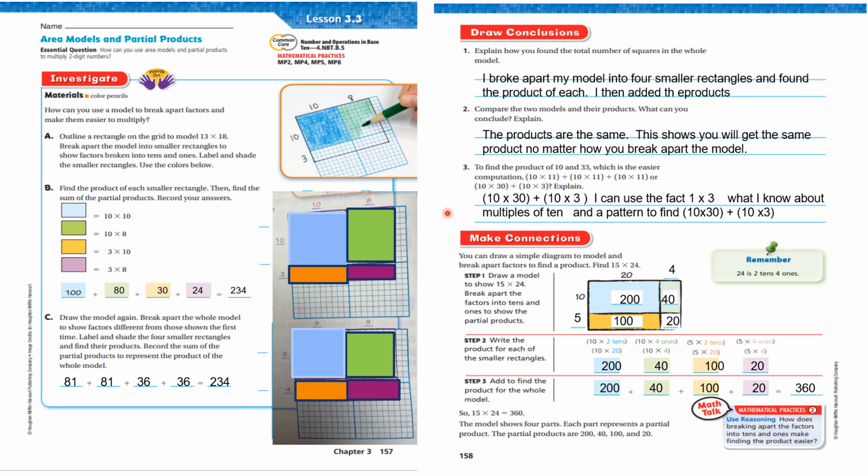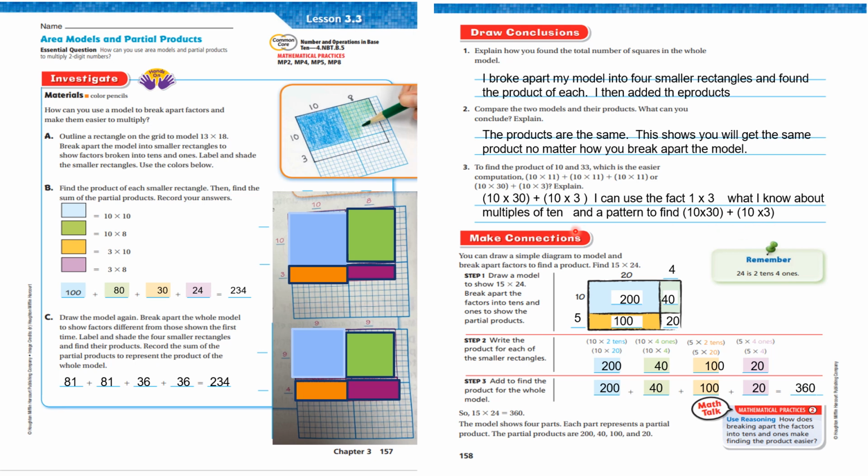All right, 3. It says to find the product of 10 and 33. Which is the easier computation? 10 times 11 plus 10 times 11 plus 10 times 11, or 10 times 30 plus 10 times 3? Explain. Well, 10 times 30 plus 10 times 3, I can use the fact 1 times 3 and what I know about multiples of 10 and a pattern to find 10 times 30 plus 10 times 3.